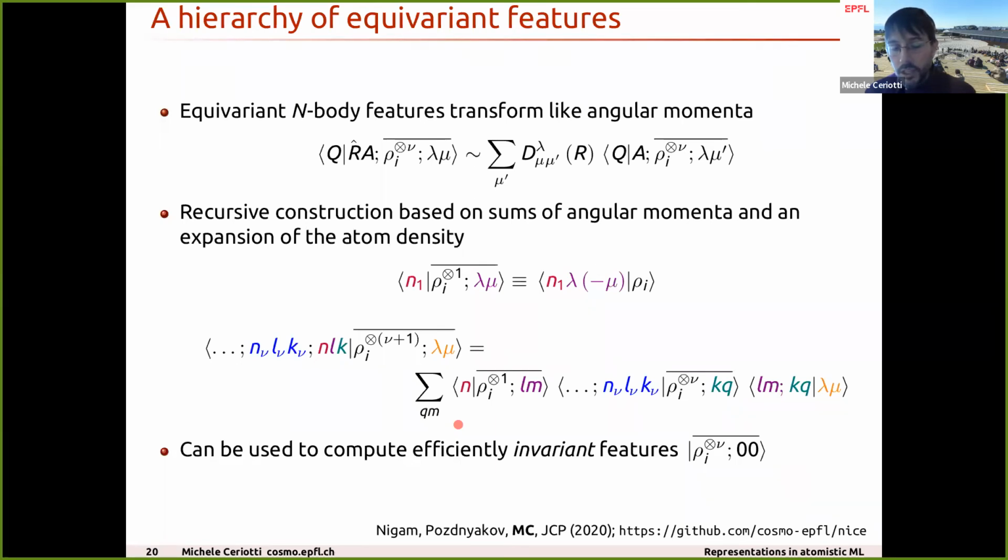And in practice, thanks to the fact that this is an atom-centered and additive scheme, you can easily go to billions of atoms with some implementations. It depends on how thorough you want to be and how thorough you need to be in truncating this expansion. And this is one of the open questions that we're trying to address.